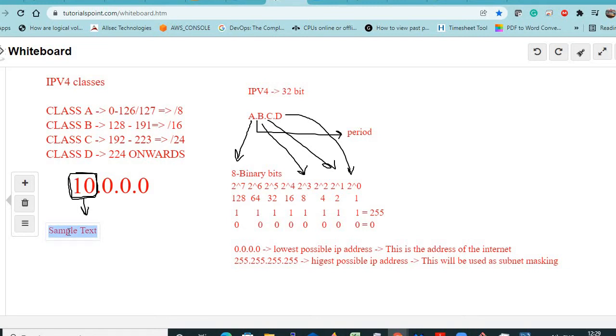This is a network address, means all the binary bits will be 1. So that means this is a network bit. Okay, and let me take another color, and whatever I am highlighting in yellow, this is for host.